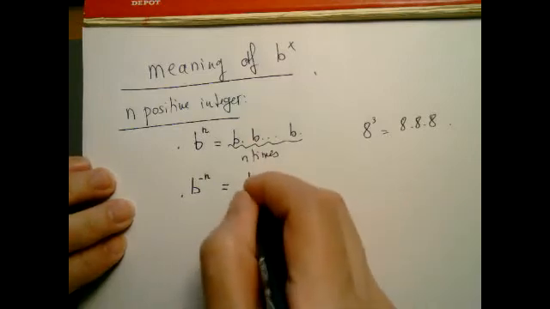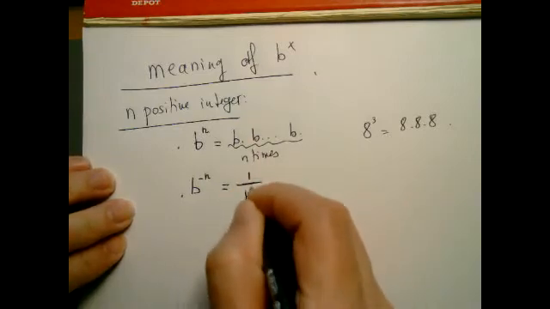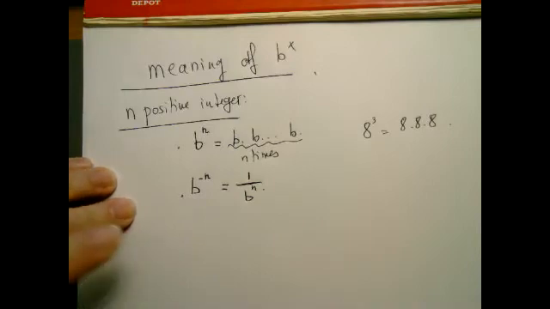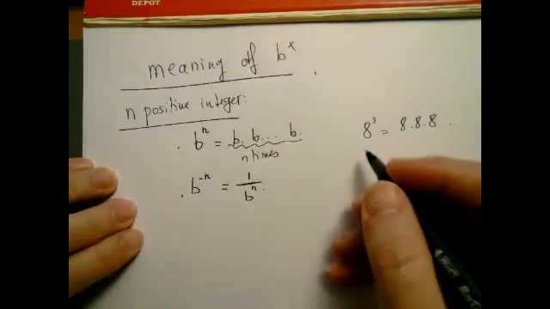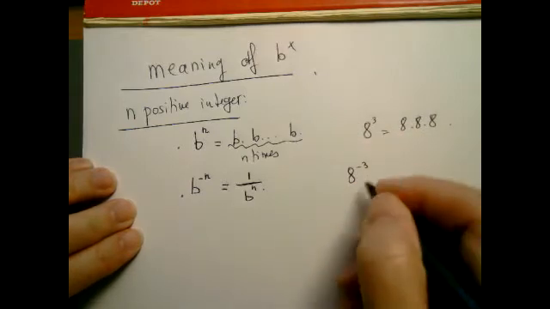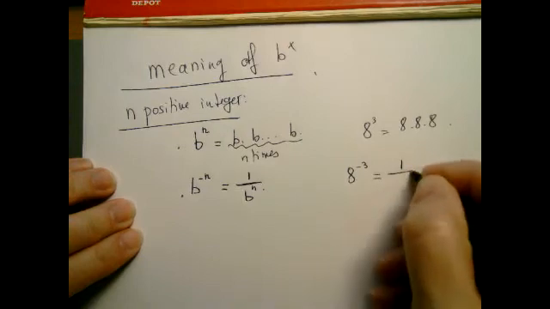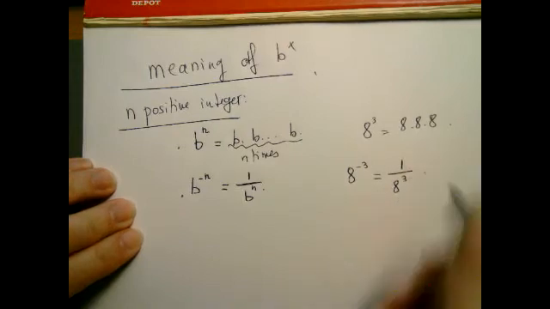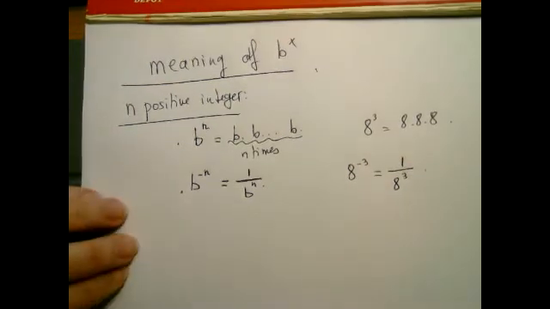Exactly, it's 1 over b to the n. So negative exponents, there is no problem with them. b to the minus n is 1 over b to the n. So if you write 8 to the minus 3, what does this mean? 1 over 8 to the 3. Okay, so quick review of the exponent.